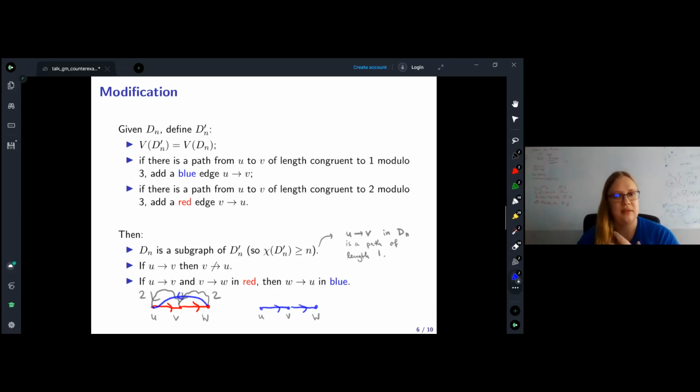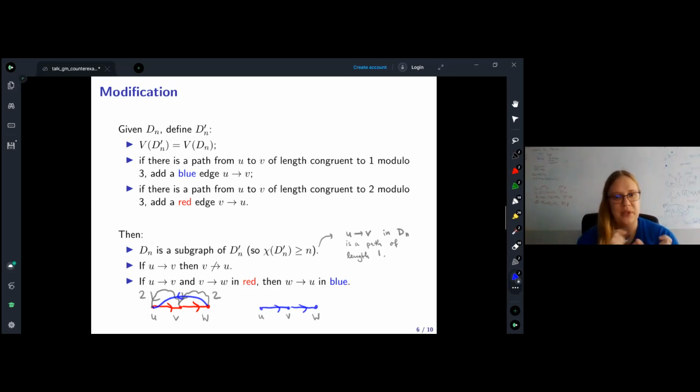The point is, because there is no directed cycle in the end, and because if there's a path, there's a unique one, these definitions have to be consistent with each other.